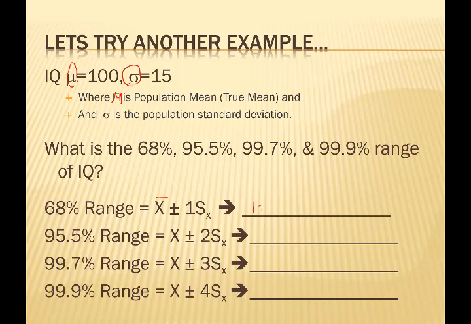So that would be 100 plus or minus 15. And when you calculate that, that gives you the range. So you say the majority of the people have IQ between 85 and 115. Similarly, you can try the other calculations to come up with the range within which the population ranges in their IQ.